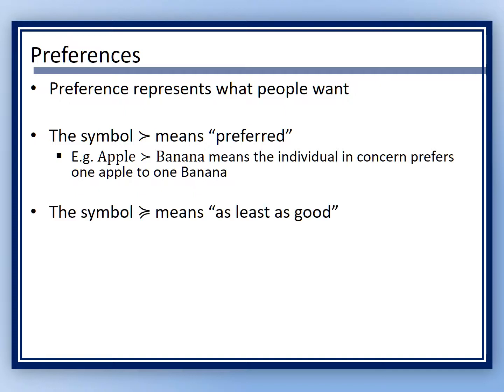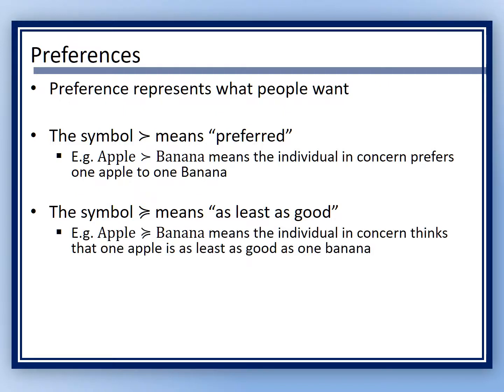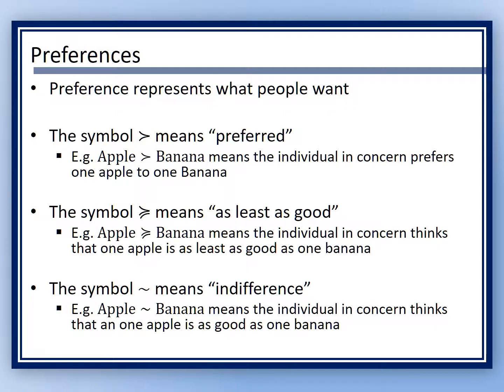You might be indifferent, right? It could be indifferent. So there is also a relationship that tells you that it's at least as good as. So apple is at least as good as banana. So what does that mean? That means it could be better, it could be equal. And the symbol, this curly line, means indifference.